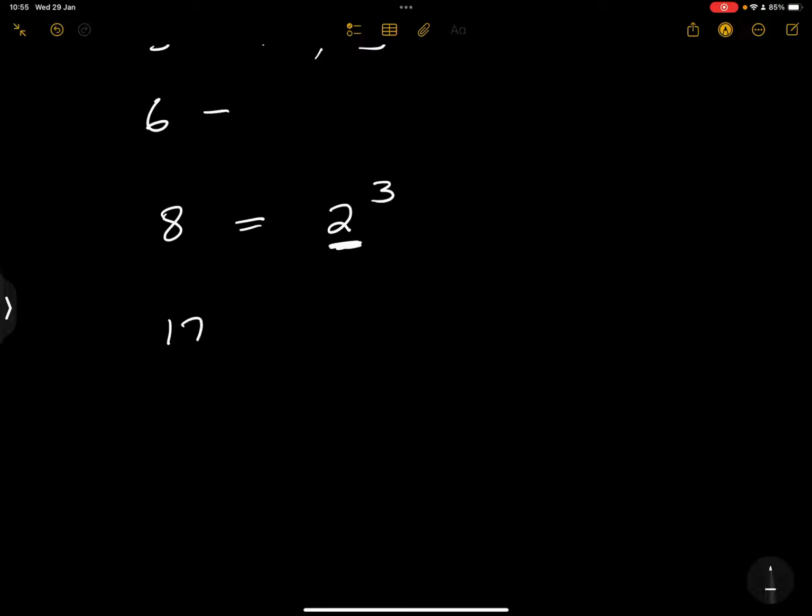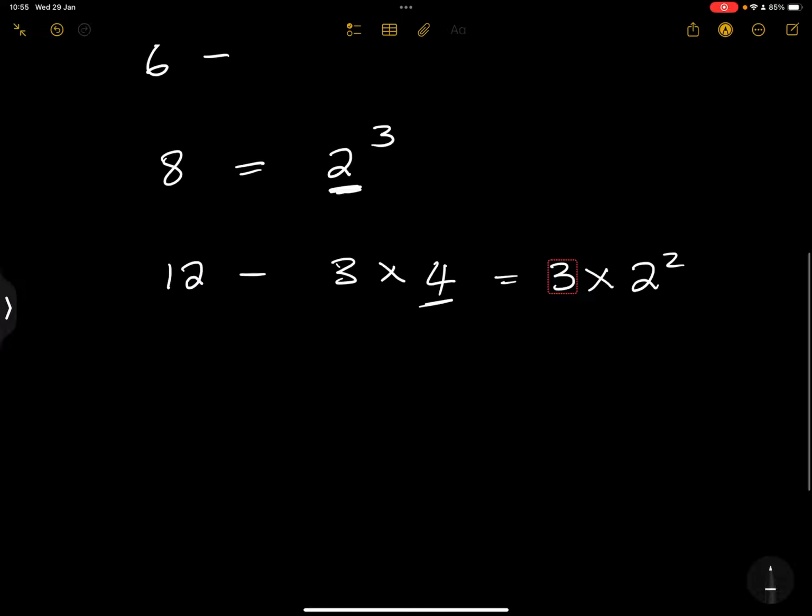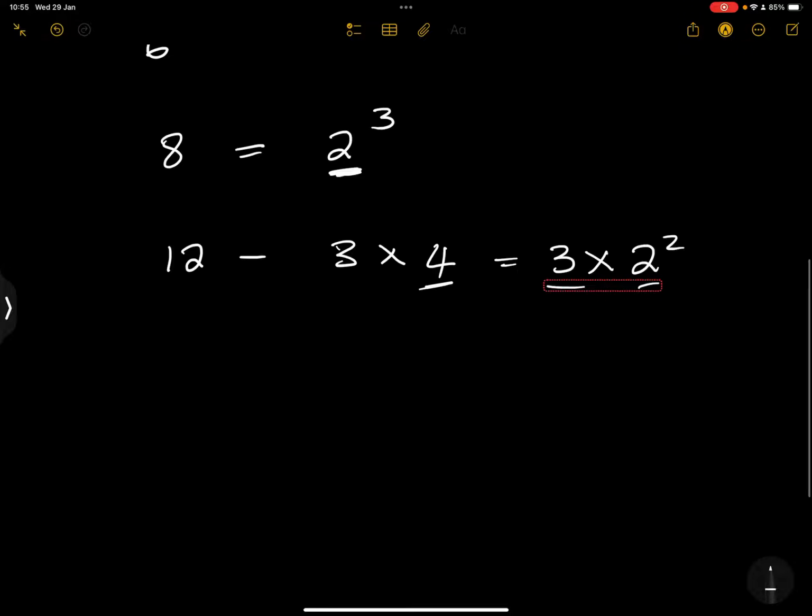For instance, if you've got 12, what can I convert it to? In this case, I can convert it to 3 multiplied by 4. But wait, 4 is not a prime number, but 4 can be written as 2 squared. So this can be written as 3 multiplied by 2 squared. Please note this. That is very important. And now you've got prime bases. So that's the first thing that you're going to do.